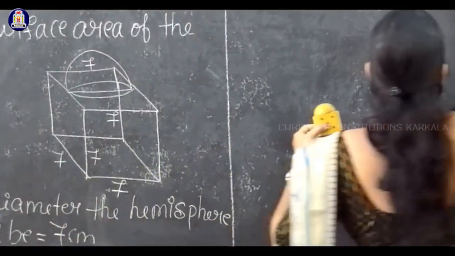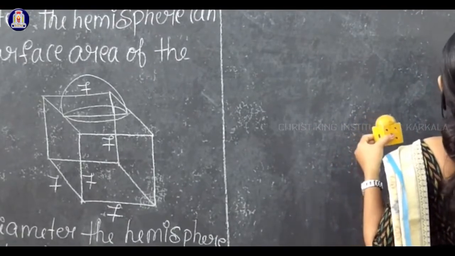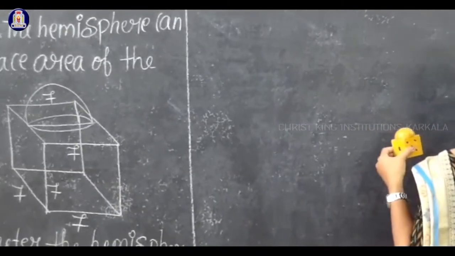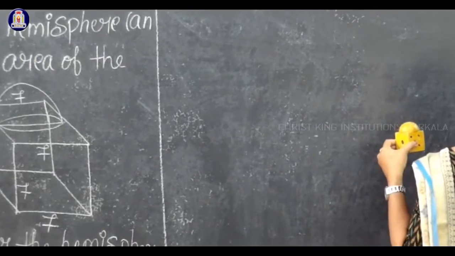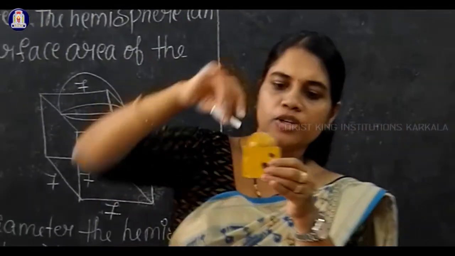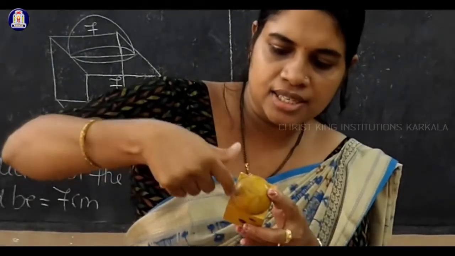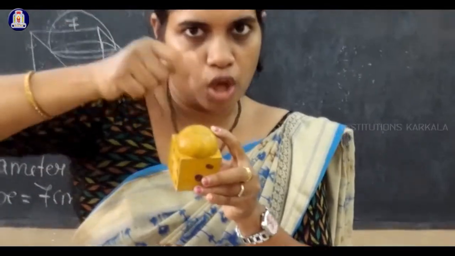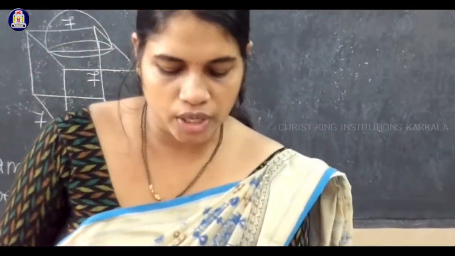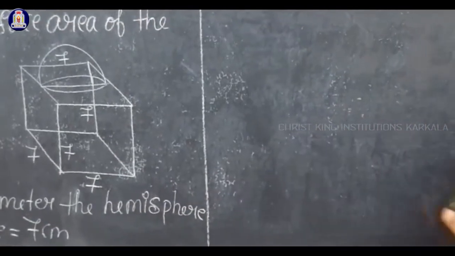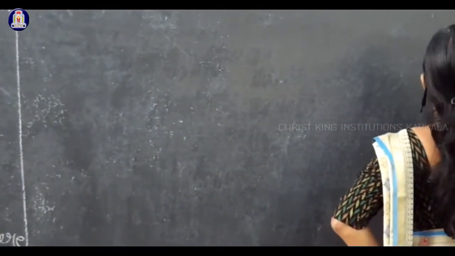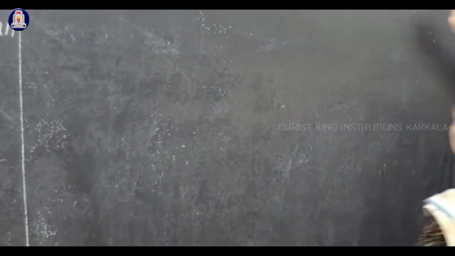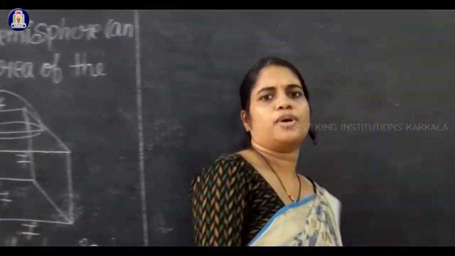So therefore, TSA of the cube plus, what about this area? This is nothing but the CSA of the hemisphere, right? So plus CSA of the hemisphere.